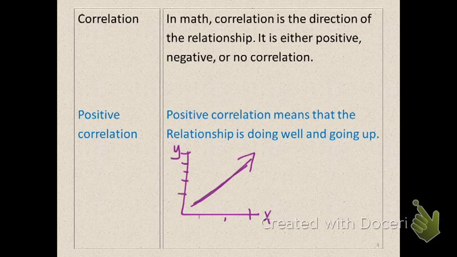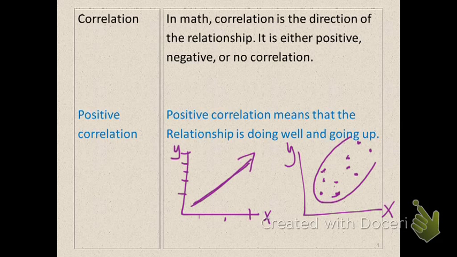When they both go up, that line looks like that. On a scatter plot, it'll look something like this. Notice it's not a perfectly straight line, but if I was to draw a circle around the points and then cut that circle in half, it sort of creates a line that goes up. That's positive correlation.